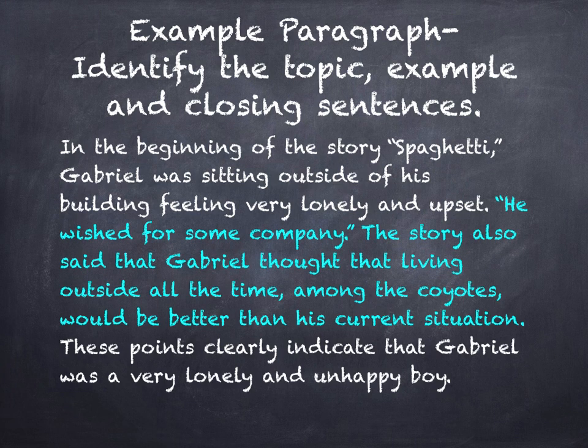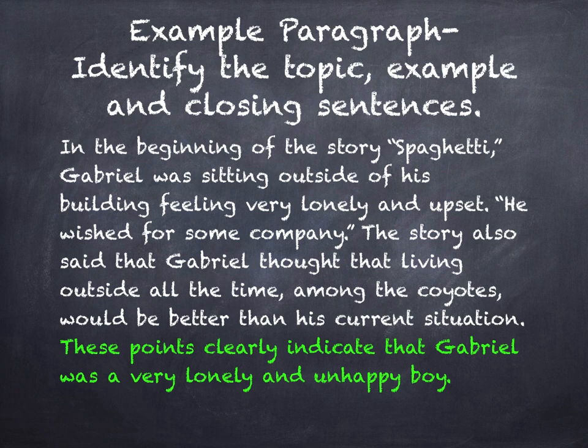All right, lastly, let's identify our closing sentence in this example paragraph. All right, so our closing sentence is our very last sentence in this paragraph, and it is in this neon green color, and it says, these points clearly indicate that Gabriel was a very lonely and unhappy boy.